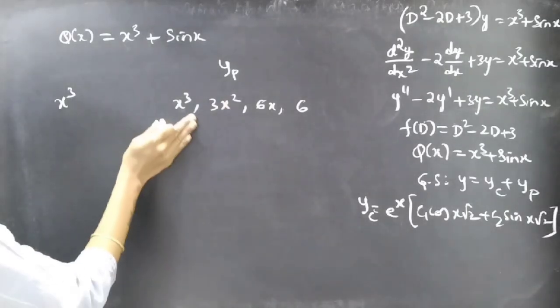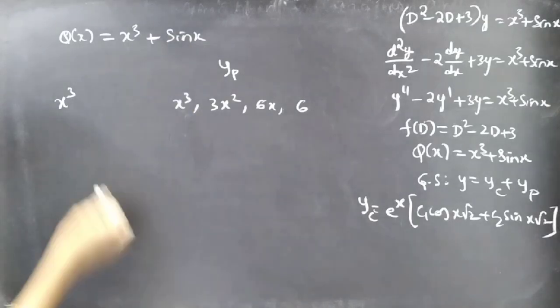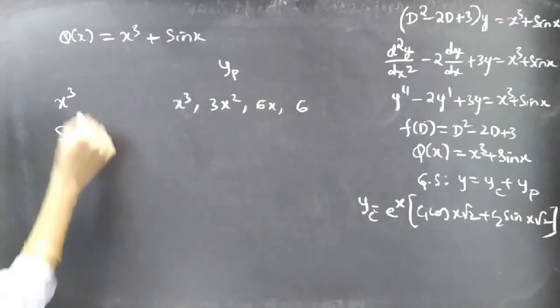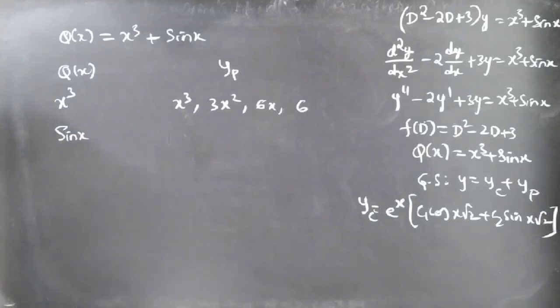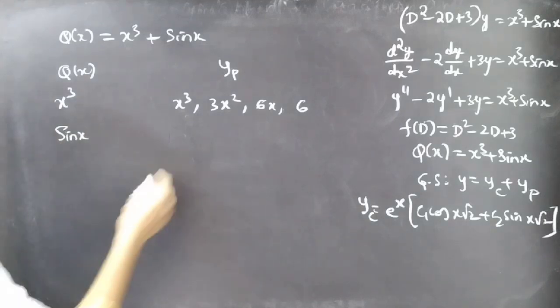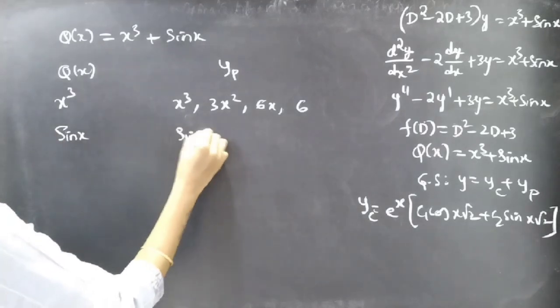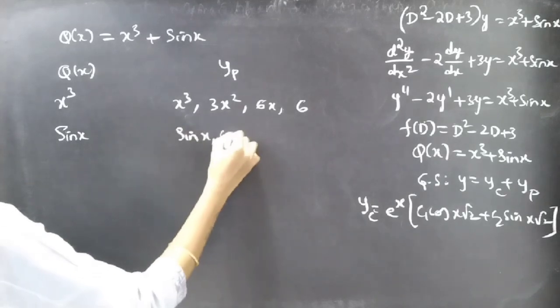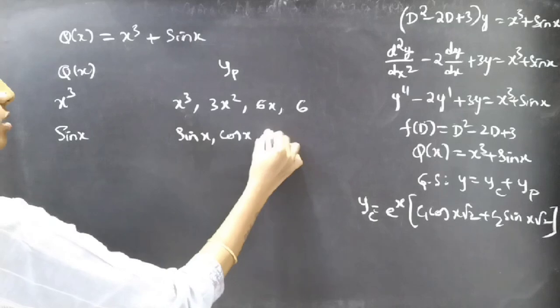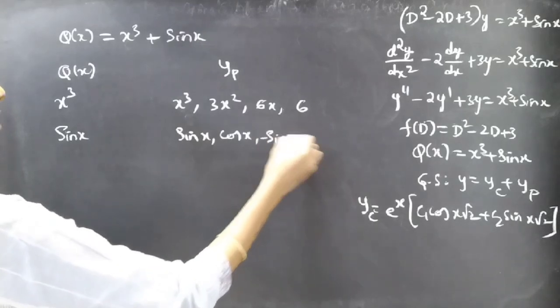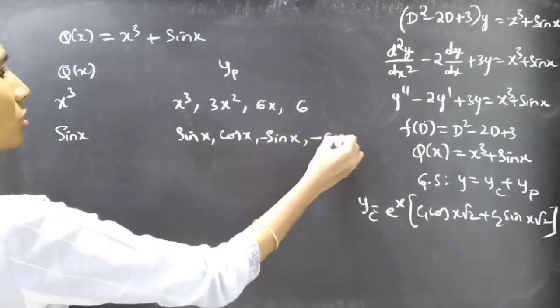Coming to another term, sin x. You have a term sin x in q of x, right? So yp should contain this sin x and its derivatives. Derivative of sin x is cos x. Again, derivative of cos x is minus sin x. Again, derivative of minus sin x is minus cos x.